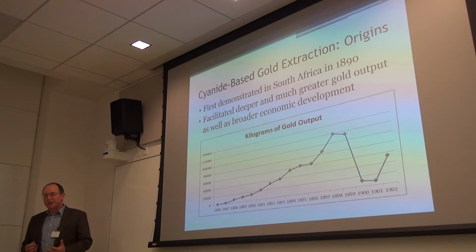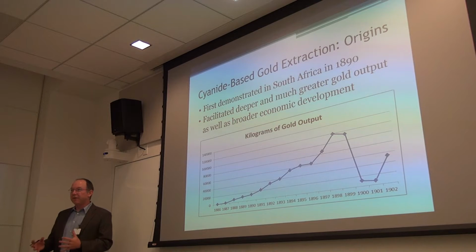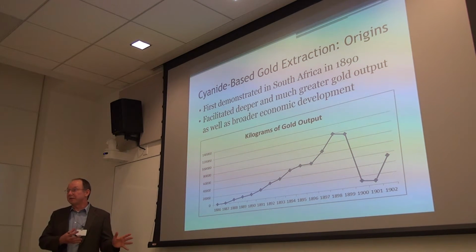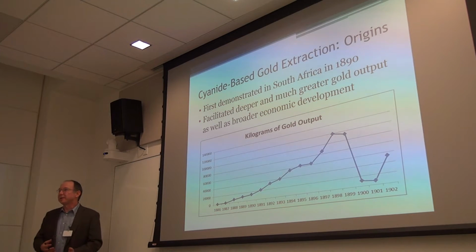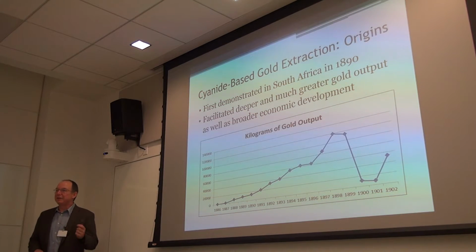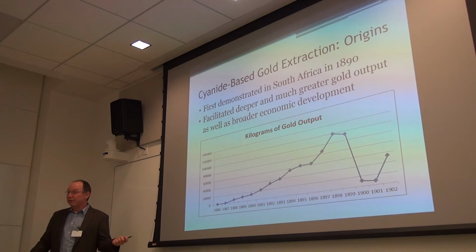And it wasn't just South Africa where after the industrialization began that the cyanide technology mattered in terms of the world gold output. It was seen quite quickly within years, maybe a year, in Utah, Colorado, California, and Nevada. The cyanide technology was adopted and drawn from those same metallurgists that implemented it here on the Rand.